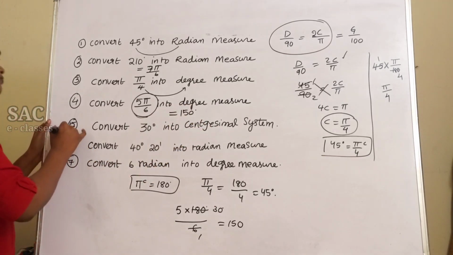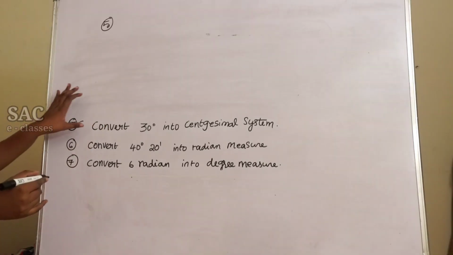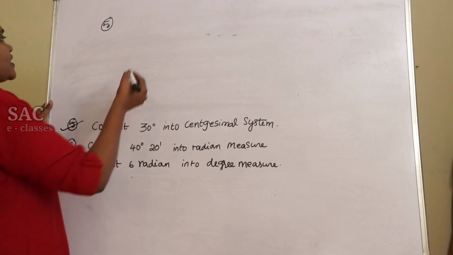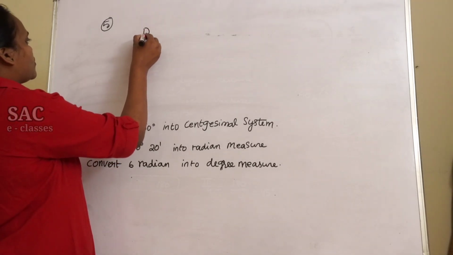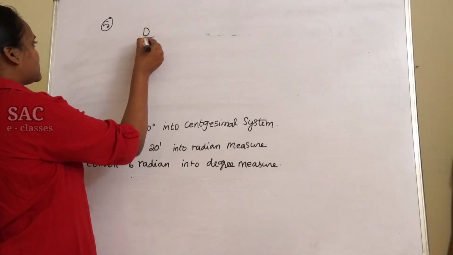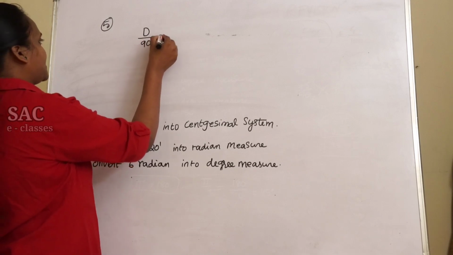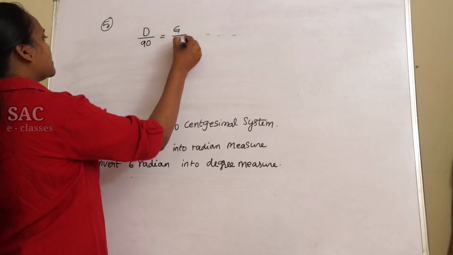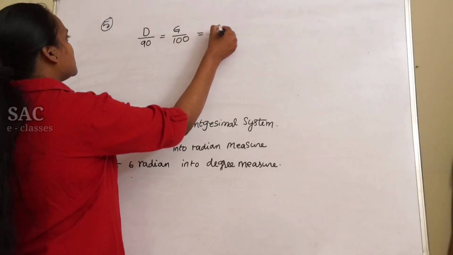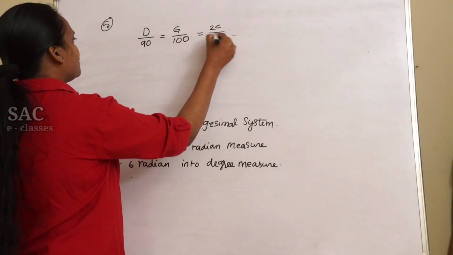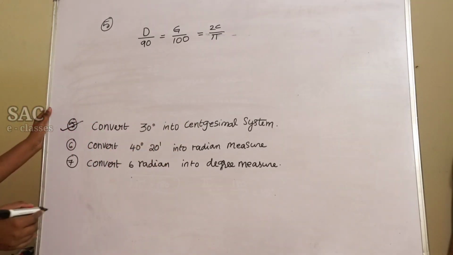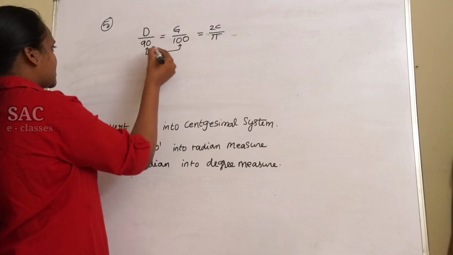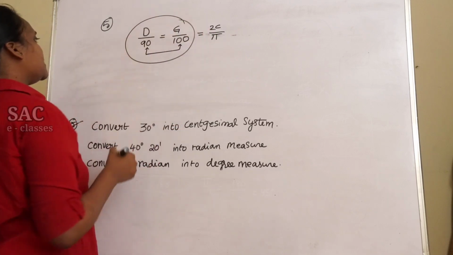Now we came to the fifth problem. Now I want to convert 30 degrees into the centesimal system. For this, you already know the relationship among all three systems is D by 90, the degree measure, G by 100, the centesimal measure, 2C by pi, which is the radian measure. You want degree measure and grade measure, then take these two.